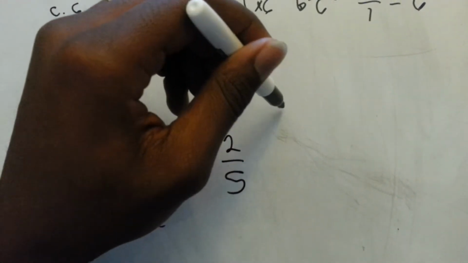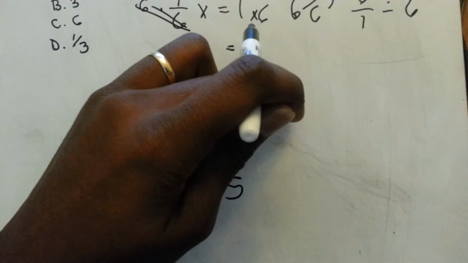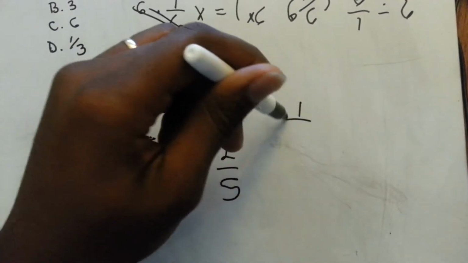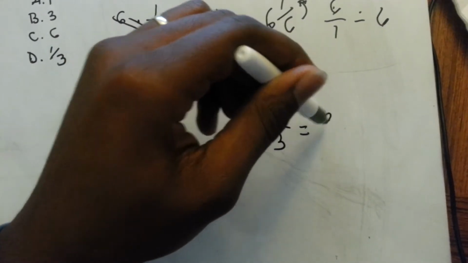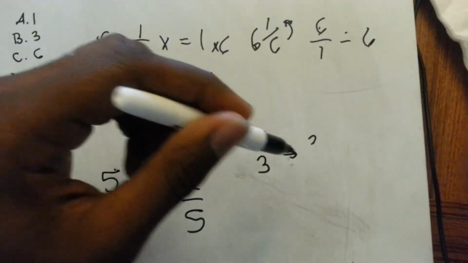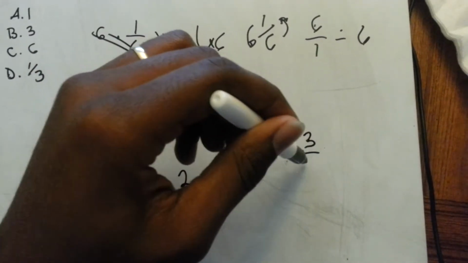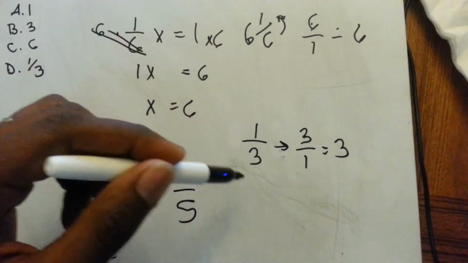If you have 1/3, the reciprocal would be 3/1, which would also be 3.